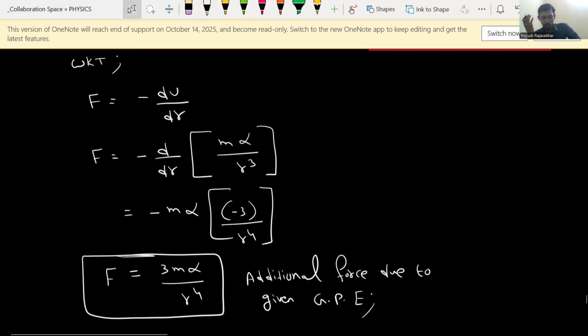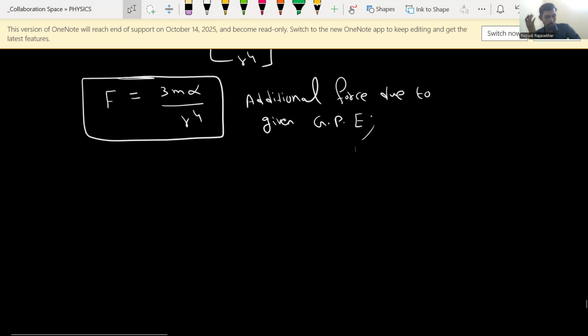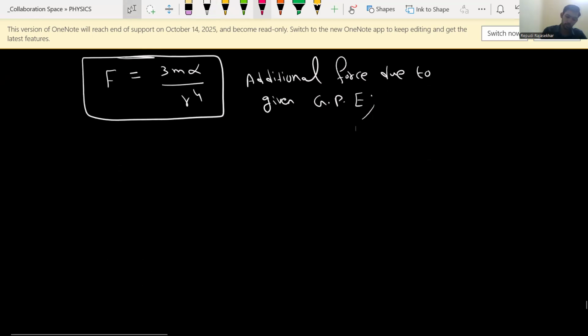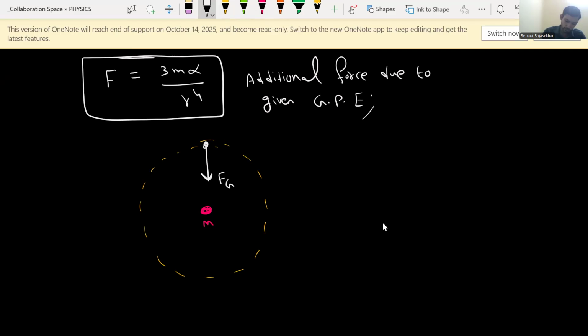Now if I redraw the diagram according to the given concept, this is a particle of mass m, and another small particle is revolving around the circular orbit. How many forces are acting on the particle? One is the gravitational force, plus another one is the additional force, acting because of the gravitational potential energy they have given.